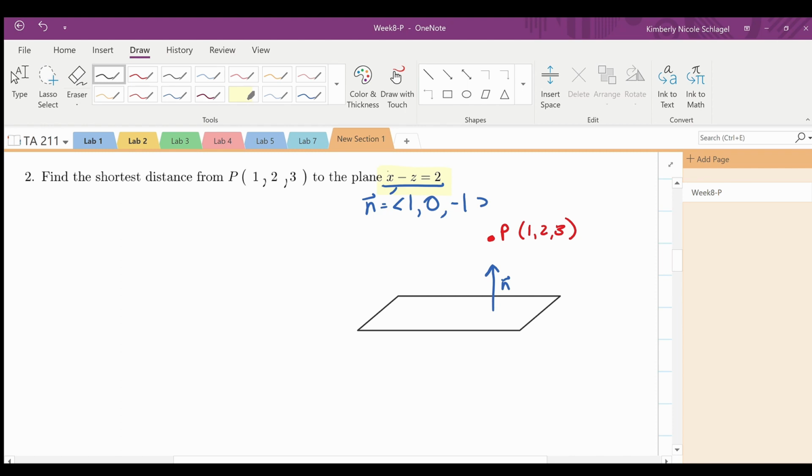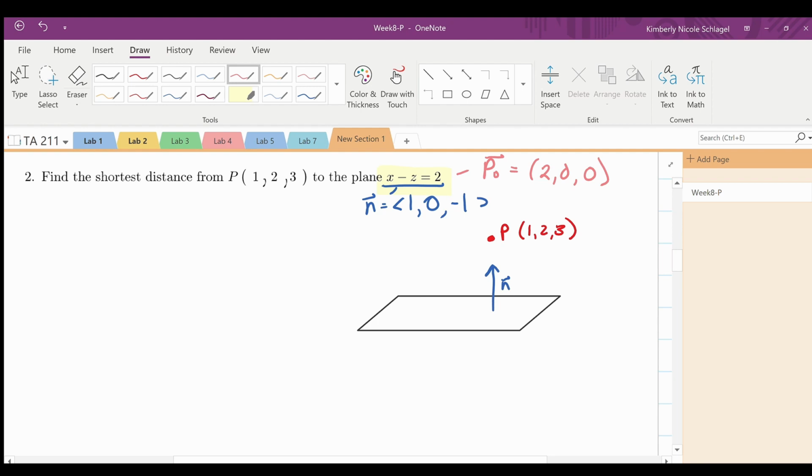So whatever x plus or minus whatever z has to equal 2. I'm going to call my point P0 because that's what we've been doing so far, and I'm going to choose it to be (2, 0, 0).